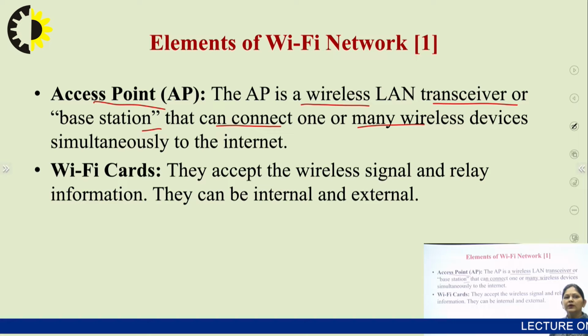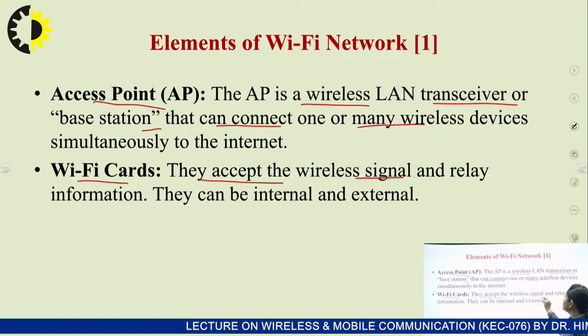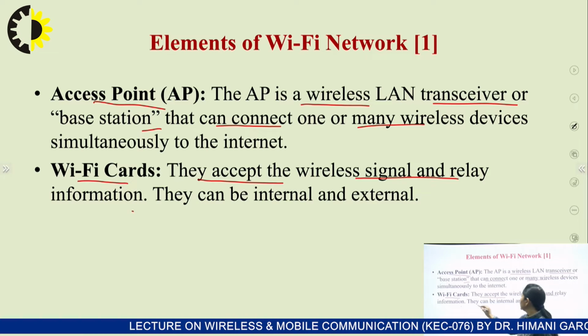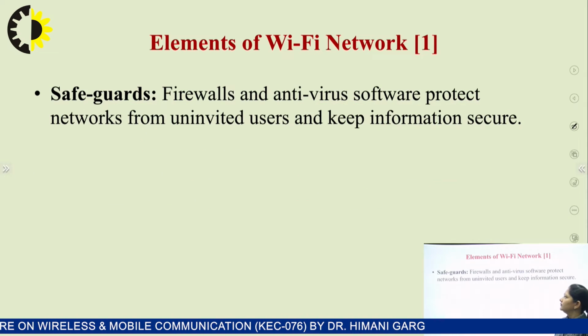In our homes, we generally see a router that has been installed so that we can communicate with each other using this Wi-Fi connection. So this term is called access point. Then Wi-Fi cards, they accept the wireless signal and relay information. They can be internal and external. So for Wi-Fi connections, another important thing is the Wi-Fi card.